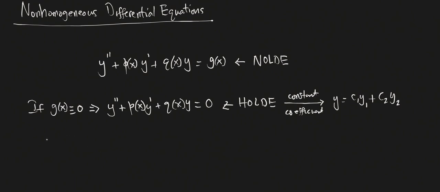So, suppose, and since I'm using little y1 and little y2 to represent not just solutions, but linearly independent solutions of the HOLD, I'm going to use big Y1 and big Y2.